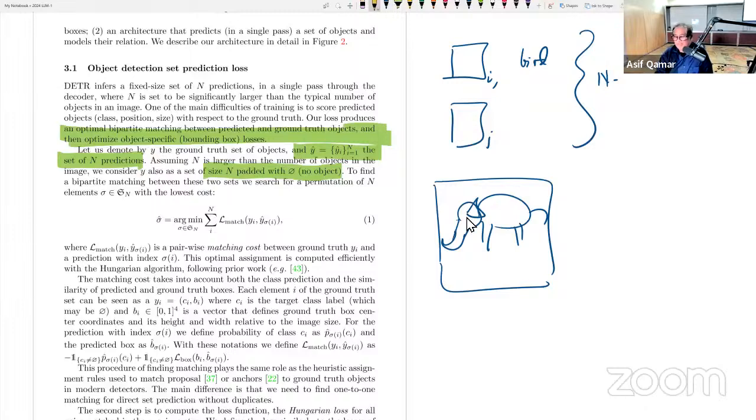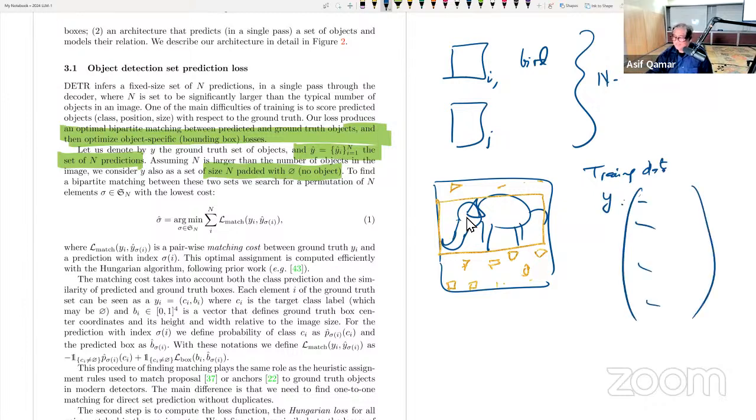It will go and say, okay, 1 elephant here, nothing here, nothing here, nothing here, and so forth. That is easy, right? But nonetheless, the training data associated with it, the ground truth, will therefore be a set of still 50 rows, 50 points, a set of 50 boxes and their identifications. That is the point they're making.